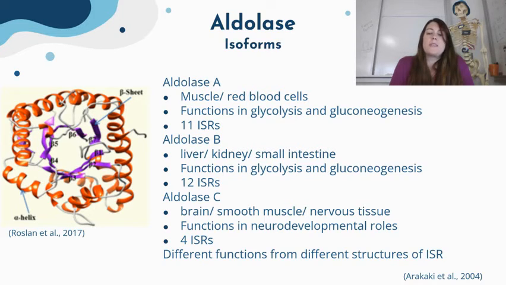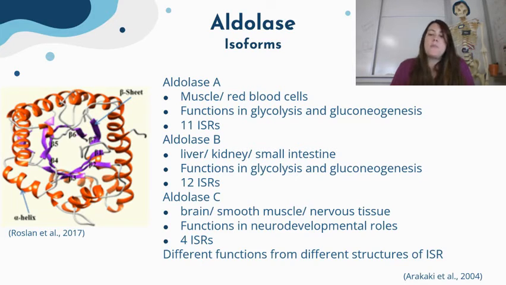All isoforms had similar residues in the active sites consisting of asparagine 33, arginine 42, lysine 107, lysine 146, glutamine 187, serine 271, arginine 303, and lysine 229. But all 3 have different catalytic properties.